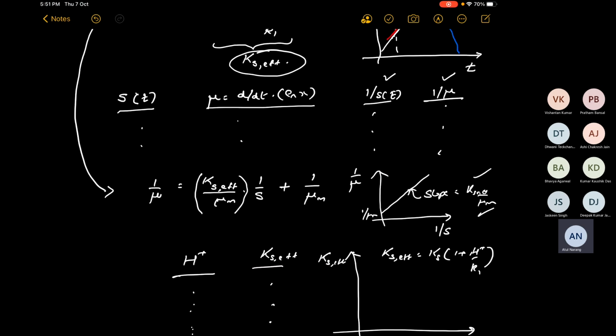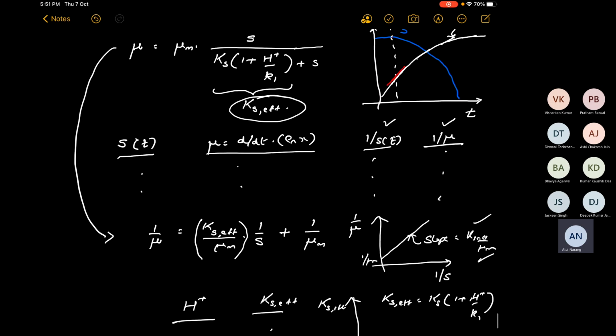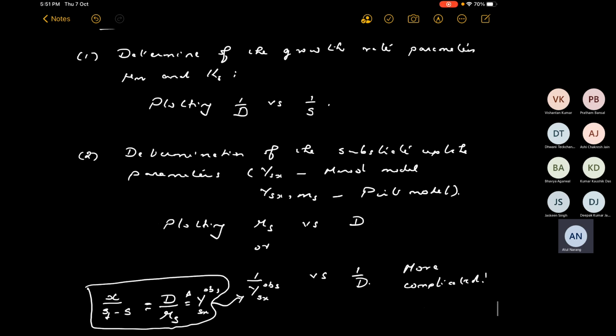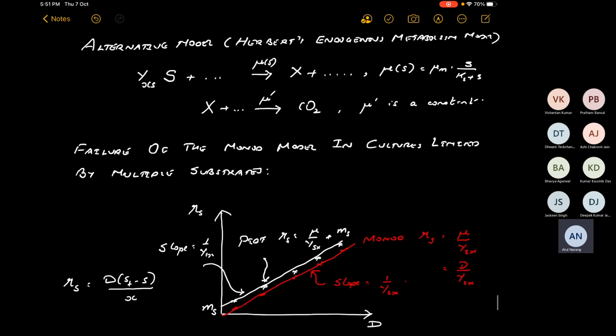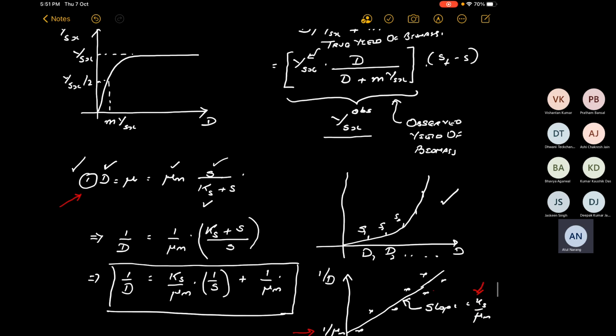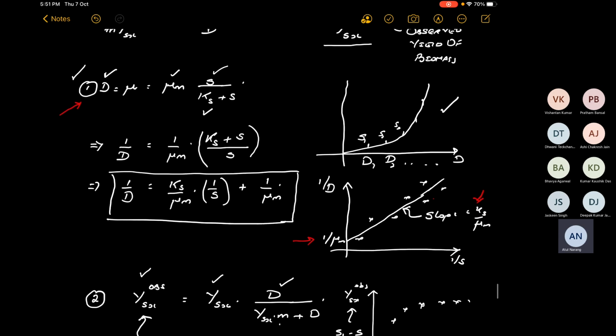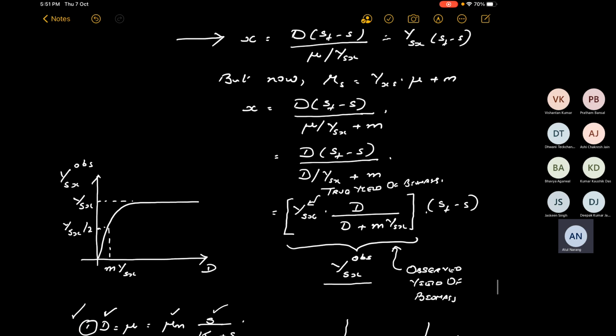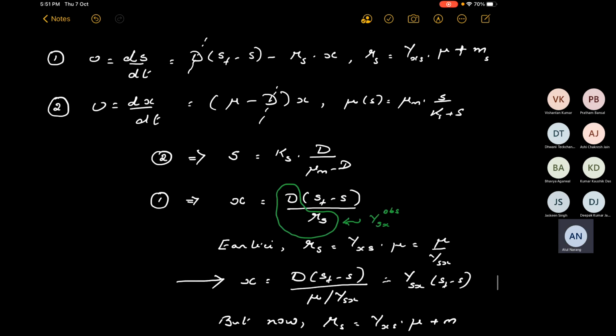It will only work if mu actually changes with S. If you have the picture I showed you, where S is declining but mu is equal to mu m virtually all the time, you will not have any points. Where are the points where both mu and S are changing?